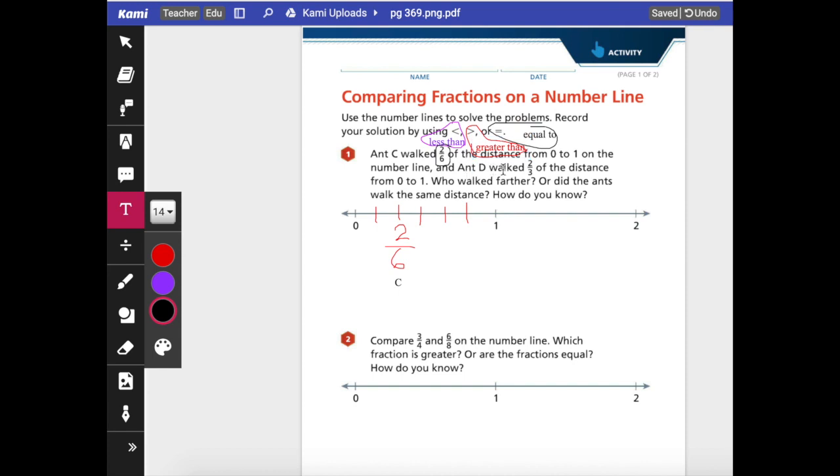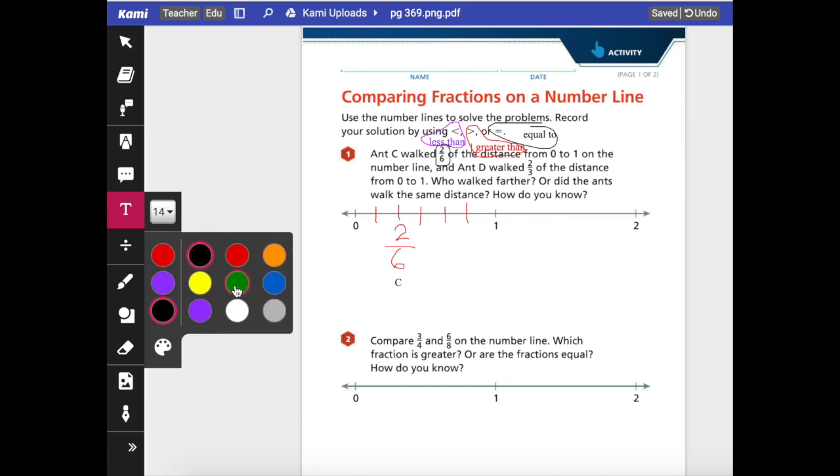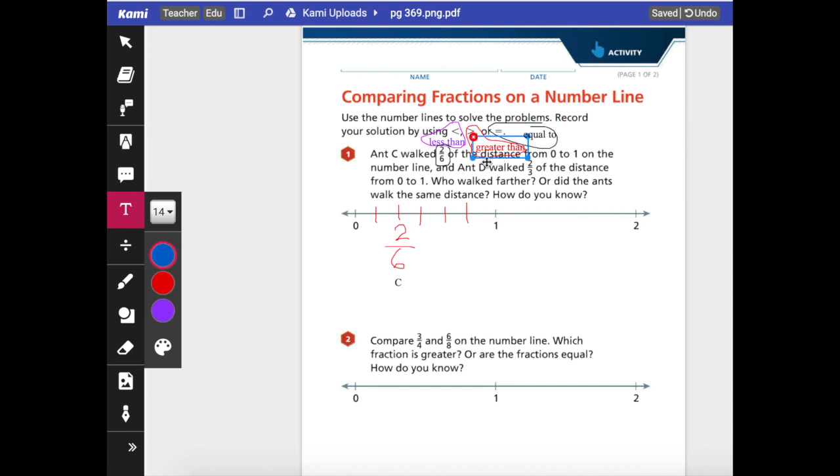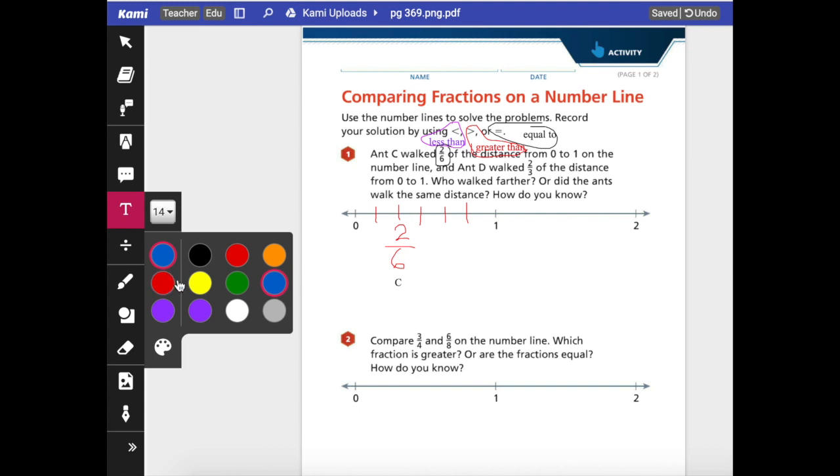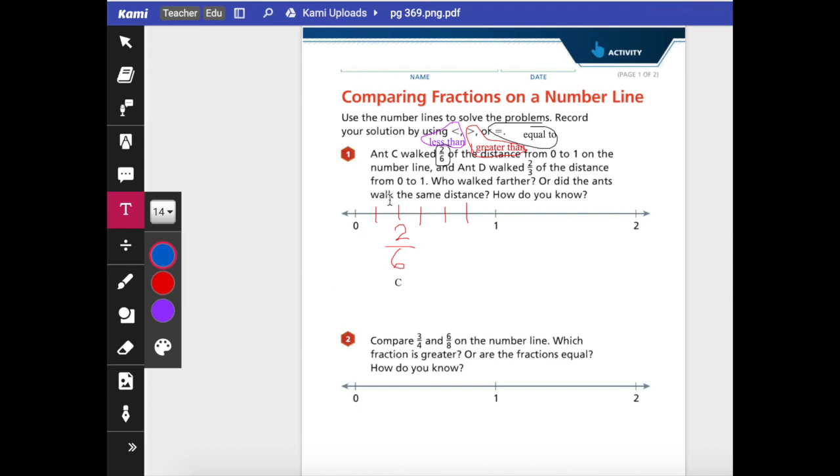Aunt D walked 2/3 of the same distance from 0 to 1. So now I'm going to use a different color to show Aunt D. And I'm going to split up my number line into thirds. What's really easy is that we already remember that 2/6 is equal to 1/3.